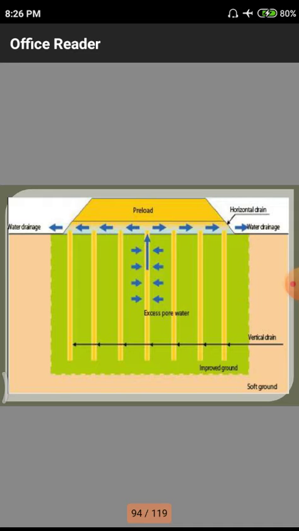Due to the load of the material, the water will automatically be squeezed from the soil to the neighboring fields. Whenever there is a sponge and we pour an amount of water, a few amount of water flows near the surface, and a few amount of water stays in the sponge itself.